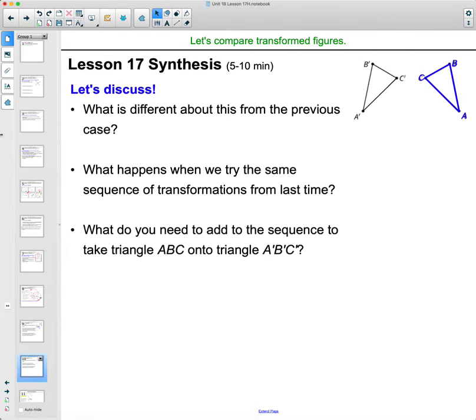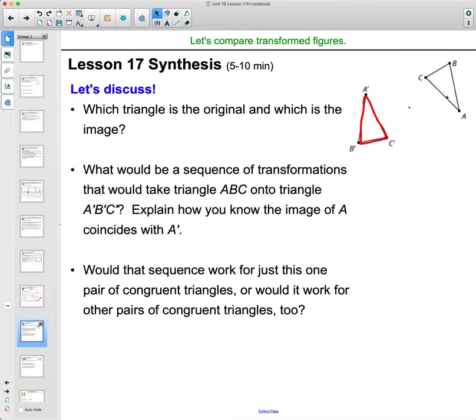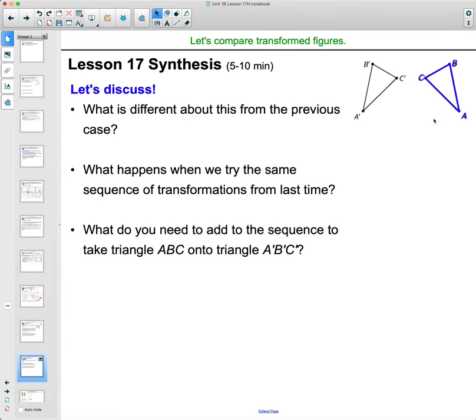So what's different in this case than the previous one? So in this one, the letters kind of flip over versus here you've got that rotation of the letters. Okay, so just being turned around versus this one being flipped. So what happens when we try to do that same sequence of grabbing the shape and then rotating C onto C prime?